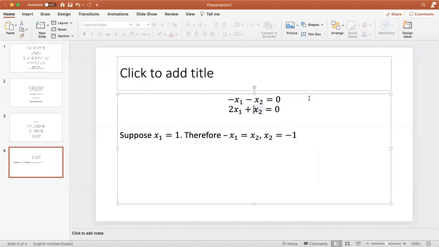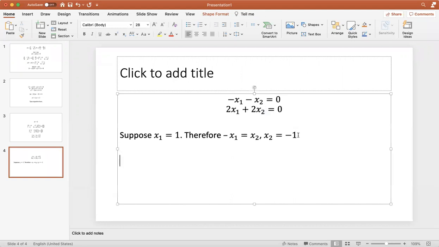So using this result and plugging this back in the second equation, you should still get the same outcome, that the left-hand side must be equal to 0. If I plug in 1 here, you'll get 2. If I plug in negative 1, you'll get negative 2. So 2 minus 2 equals 0.